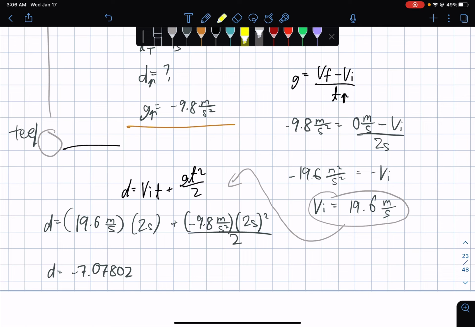Well, sorry about that. Lesson learned. If you're computing for Vf or Vi, the time should always be either going up or going down. So the answer for distance is said to be 19.6.